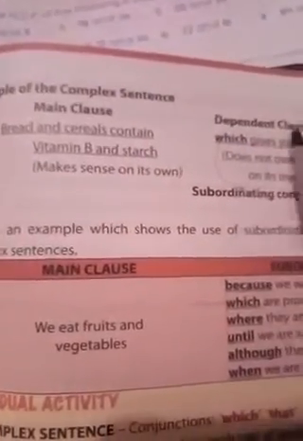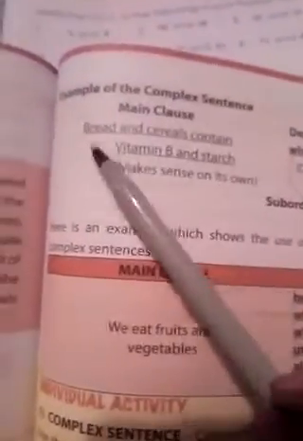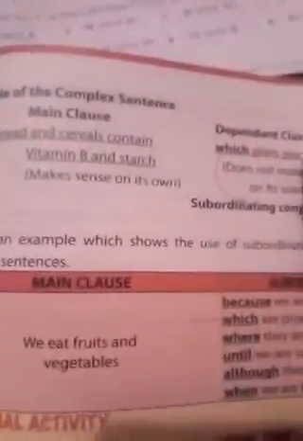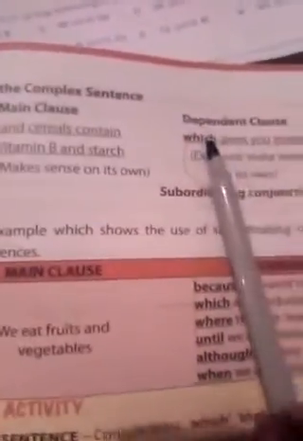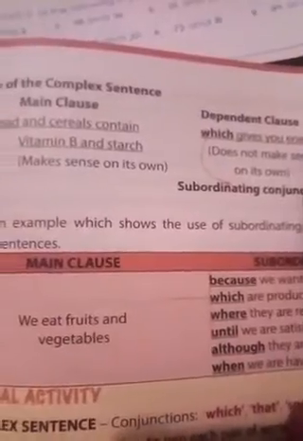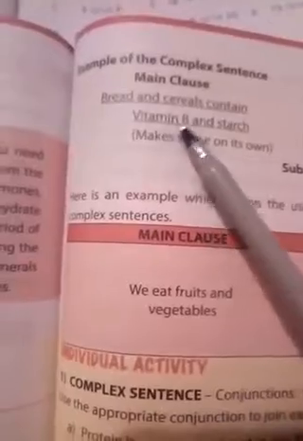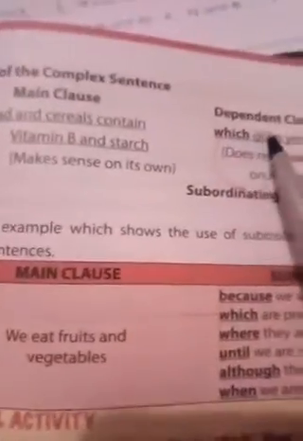So we call it a dependent clause because it depends on this one over here. If this one is not there, then this cannot stand by itself. So we are going to join it together now. Bread and cereal contains vitamin B and starch, which gives you energy.